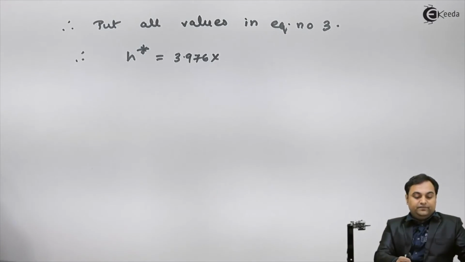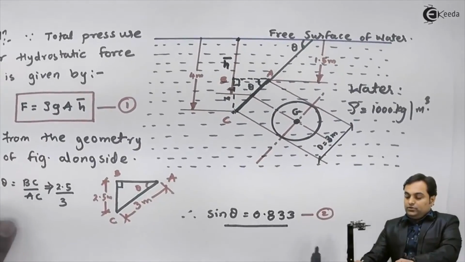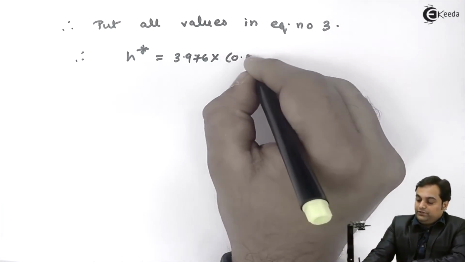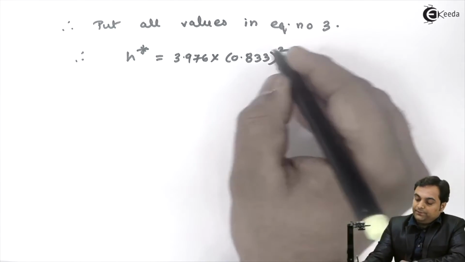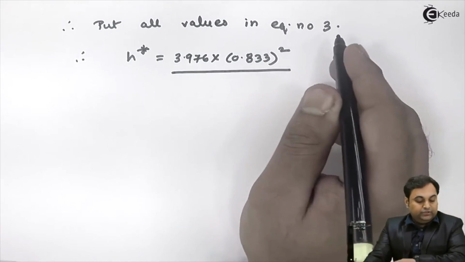Sine theta value we have, that was 0.833 and it is sine square, so 0.833 square, divided by area into h bar.